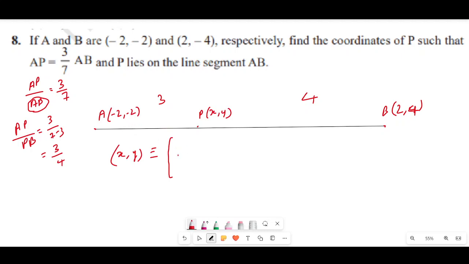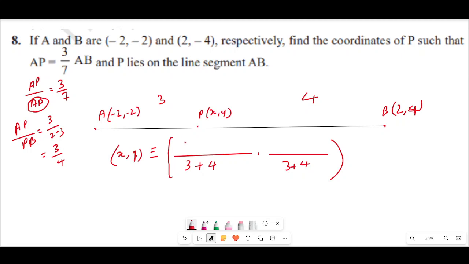Here first, we have 3 plus 4 and 3 plus 4 in the denominators. Now 3 and 4, 3 and 4. For 3, the first coordinate here, for 4, the first coordinate there. Add it.